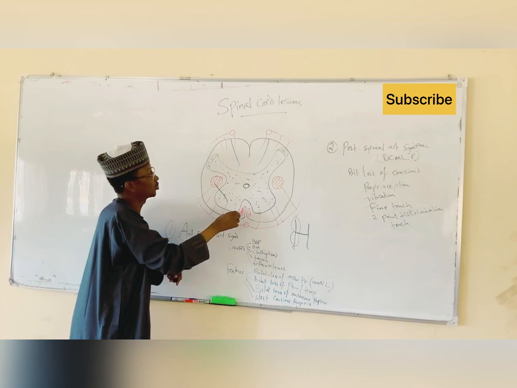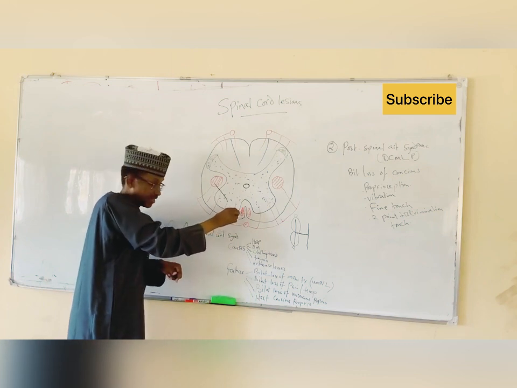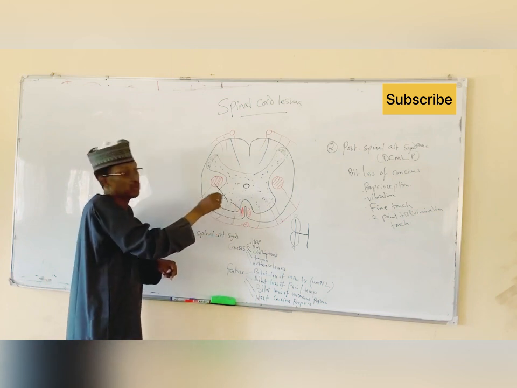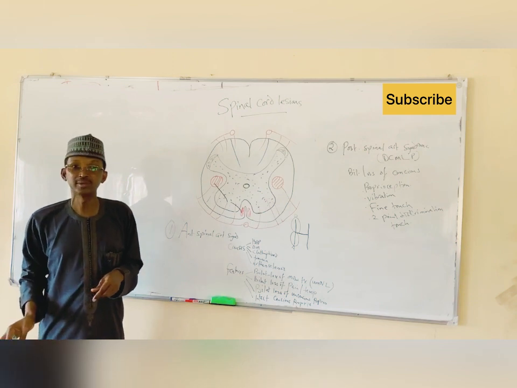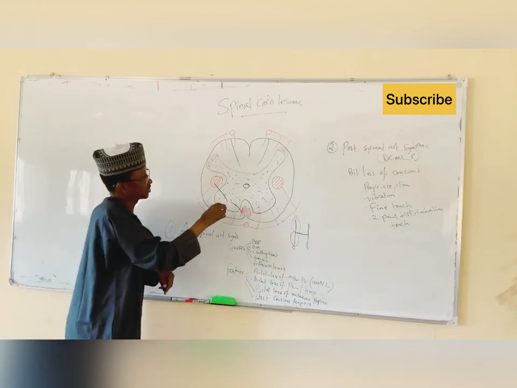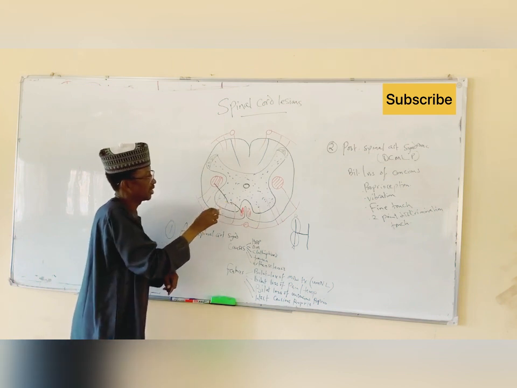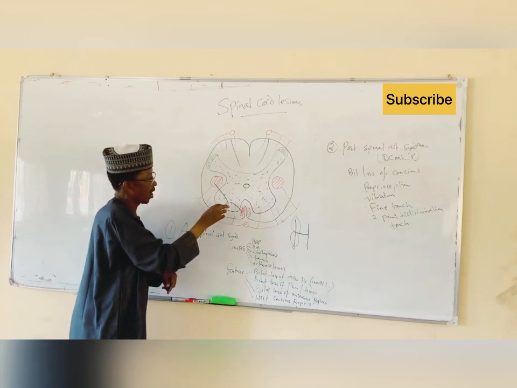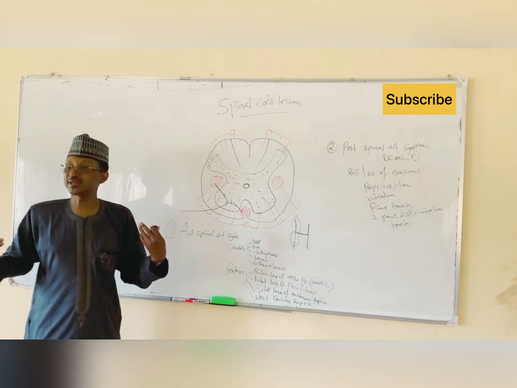Also from the anterior corticospinal tract, the fibers, as they descend, go into the anterior horn part of the gray matter of the spinal cord, and they synapse with these neurons that are here. So the second neuron will now go outside to supply the muscles in our own body.